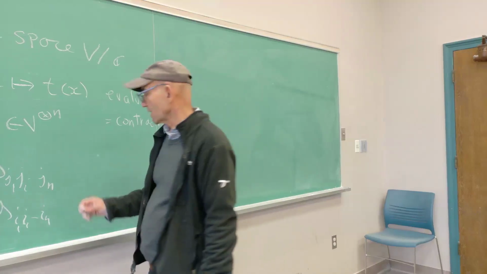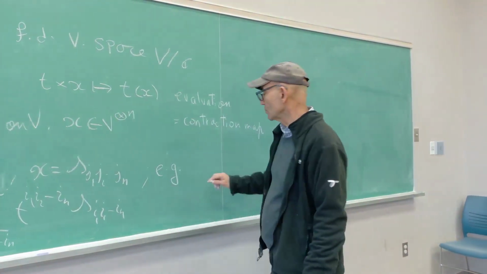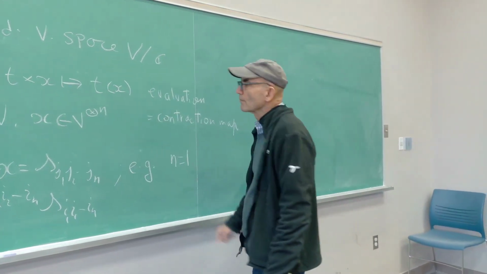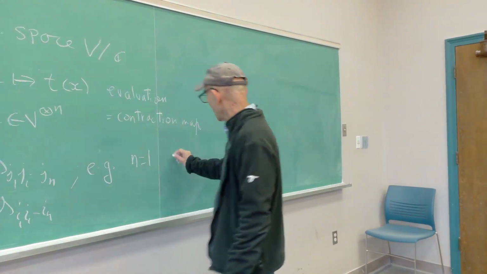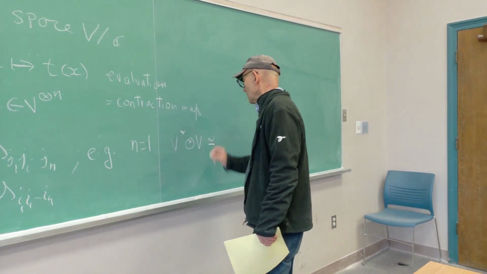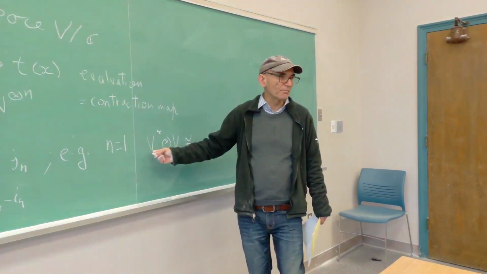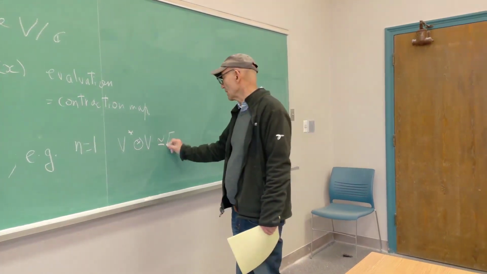So let me look at the special case. Here is an example. If you take n equal to 1, first of all, V star tensor V, we know that is isomorphic to the space of matrices of V, which I just write as endomorphisms of V, End(V).